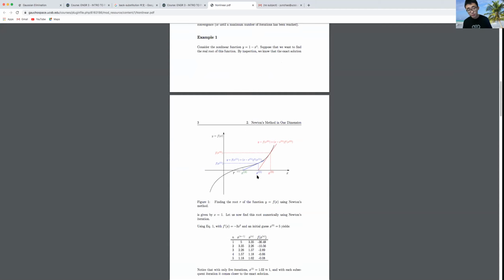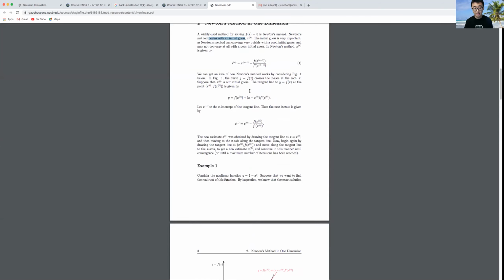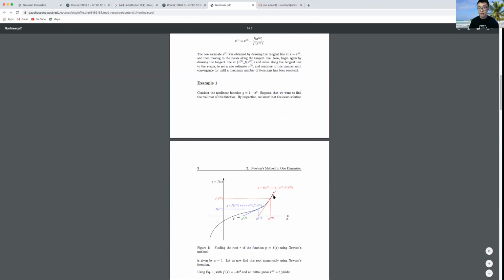So we are trying to find the x that meets the requirement of f(x) equals 0, which is here. And how do we do that? So Newton's method says the first thing is we begin with an initial guess, x0. We can think of it as randomly picking some point here. We can even pick something here or here.